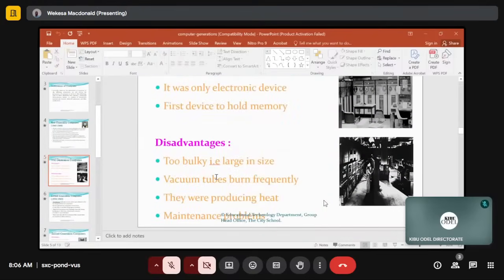It occupied a lot of space, as you see in the picture. These vacuum tubes were prone to failure. They burn out frequently. They were producing a lot of heat. They were costly because of the maintenance problems.